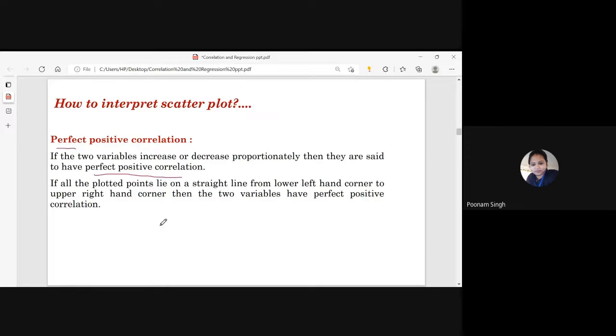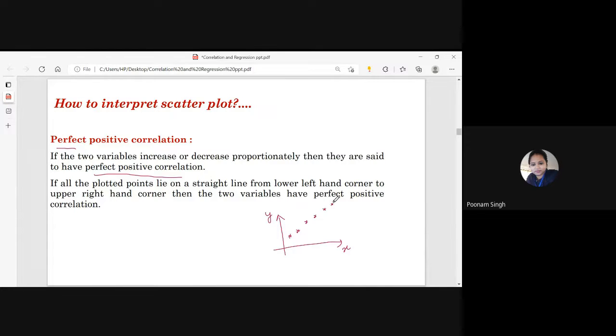Proportionately means that all the plotted points of x and y in your scatter plot lie on a straight line. And since we are talking about positive correlation, the points will go from the lower left hand corner to the upper right hand corner.